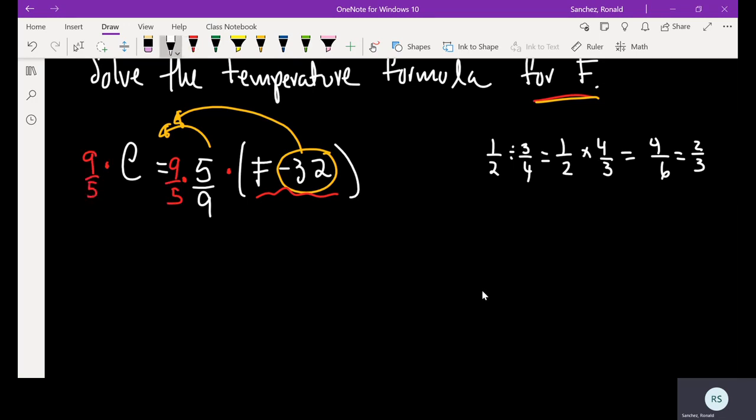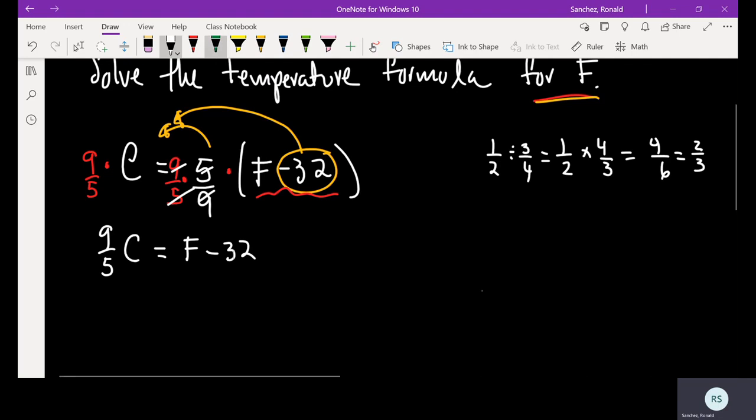Now, check this out. When I multiply 9/5 times C, I end up with 9/5 times C. This 9/5 times 5/9, they cancel each other out, or they get simplified to 1. Because I got rid of that, these parentheses can go away, and now I can look at this as two different quantities in order to move this -32. How can I move that -32? I can move it by adding 32 on both sides.